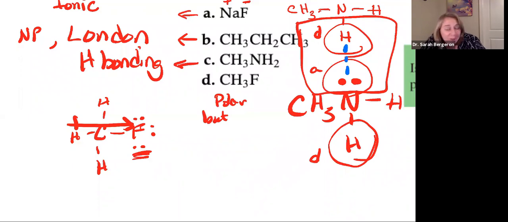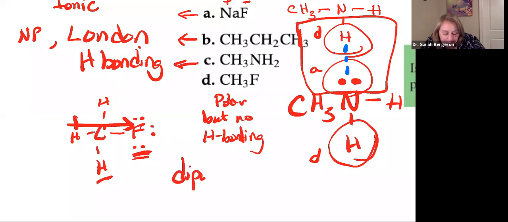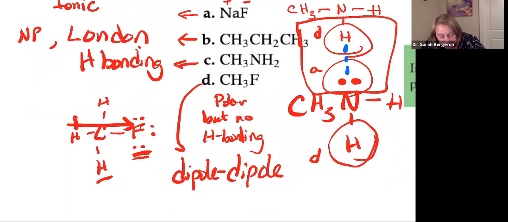I don't have a hydrogen bound to a nitrogen, a fluorine, or an oxygen. We have hydrogens and we have fluorine, but the hydrogen is not bound to the fluorine. So no hydrogen bonding, B-O-N-D-I-N-G. So this would be dipole-dipole. So that's D. D is dipole-dipole. Okay.